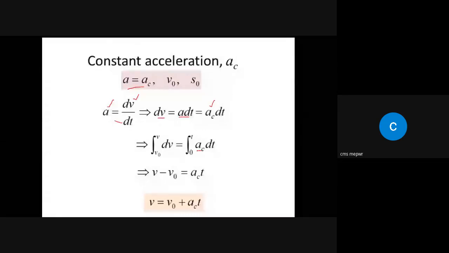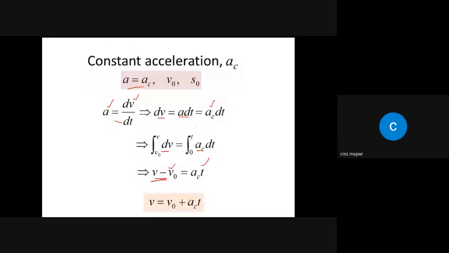When you find the integral and put in the limits, you get v minus v naught, and on the other side you get a t minus 0. Moving v naught to the right side, v is equal to v naught plus at. This is the same equation as Vf is equal to Vi plus at, right?